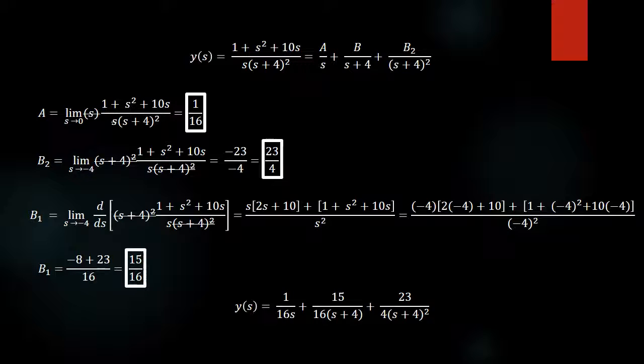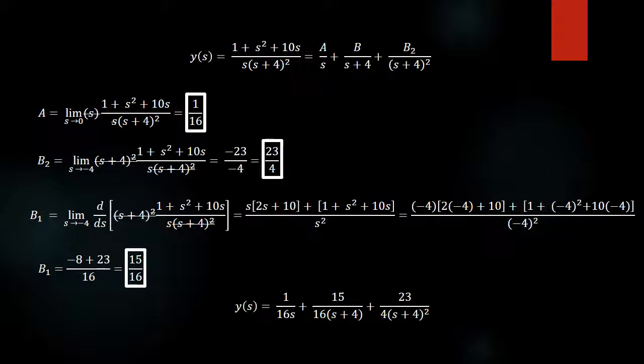Then we apply the derivative, and then we substitute the value of minus 4 in each term of s, and we obtain that the value of B1 is equal to 15 over 16.